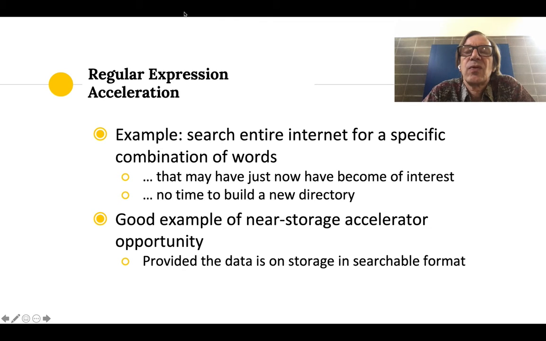And of course, the more words or symbols are involved in this search, the less likely it is that I would have been able to build an index of the occurrence of those words ahead of time. So this is also a good example of an opportunity for a near storage accelerator, but that of course does depend on having the storage in a searchable and non-encrypted format.